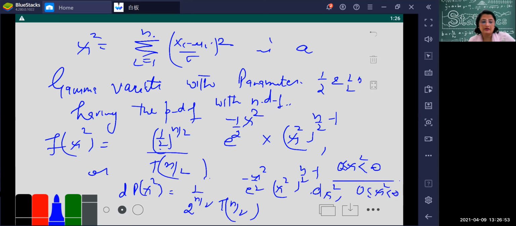So this is the required PDF of the chi square distribution. You have to remember what is f of chi square: (1/2) raised to power n/2 upon gamma of n/2, e raised to power minus chi square by 2, chi square raised to power n/2 minus 1 into d chi square.